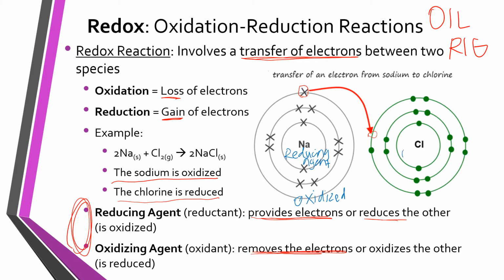So it is the oxidizing agent. I don't really know what word I just wrote there, but it's supposed to be oxidizing. And in the process of being an oxidizing agent, it's reduced. So it's a little confusing, and that's just something you've got to go over in your head to make sure you have it down.